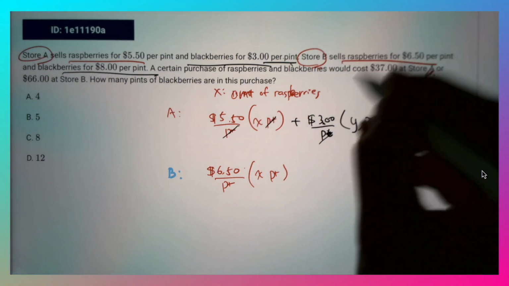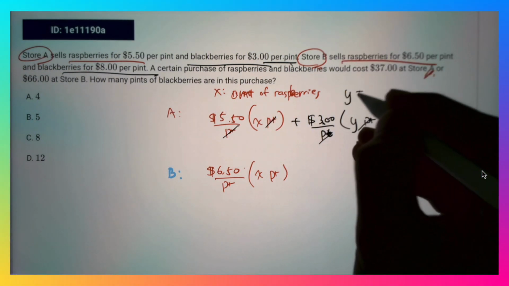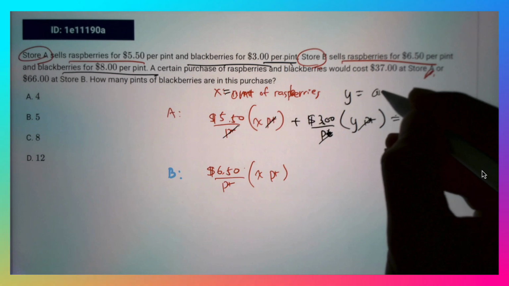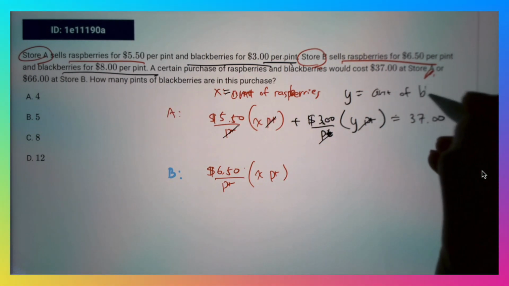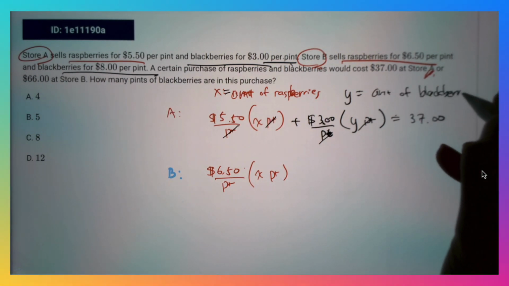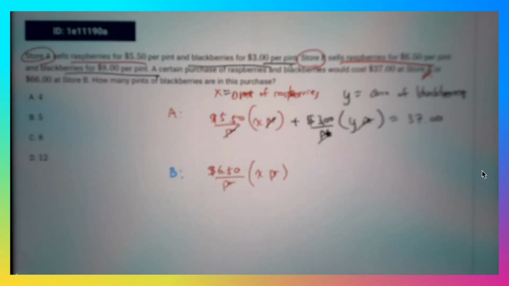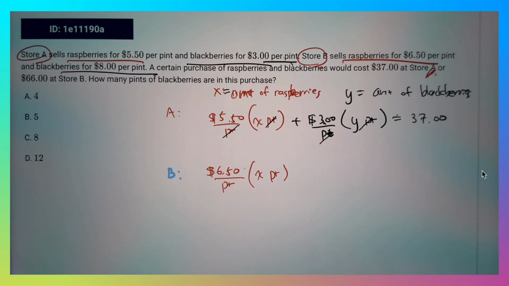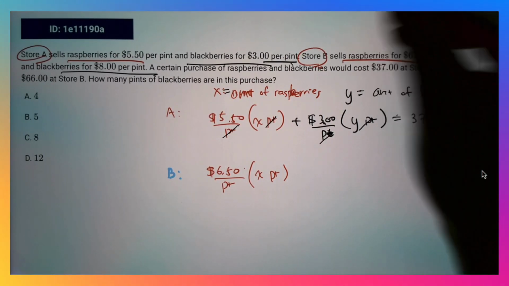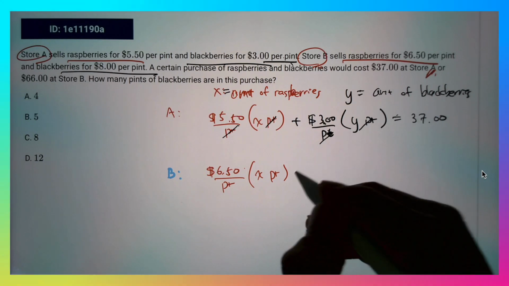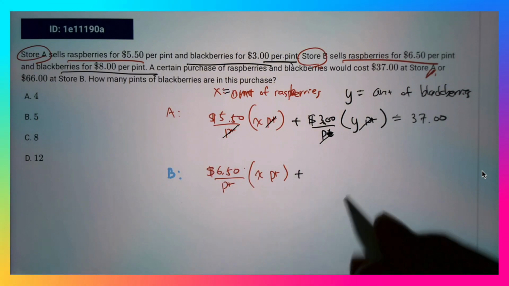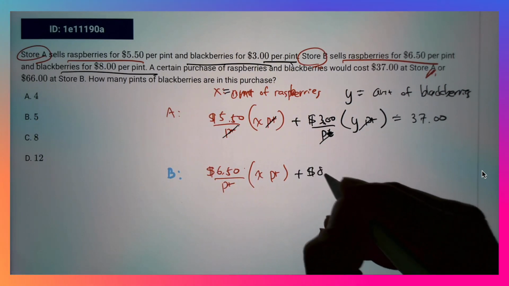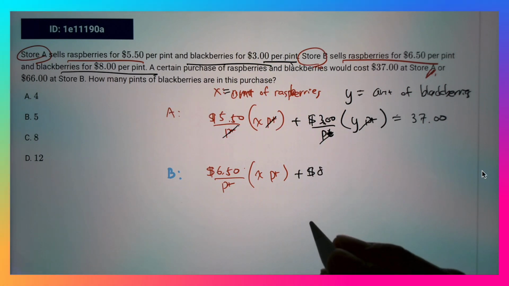Oh, and I forgot to declare y as the amount of blackberries. So y is the amount of blackberries. So let's write the unit rate, $8 per pint.